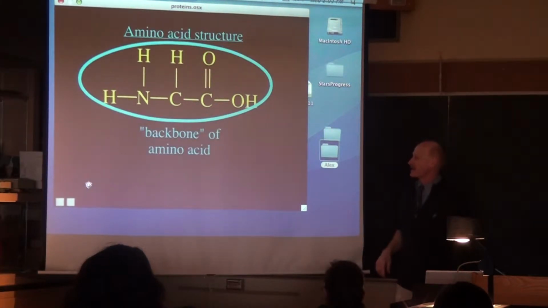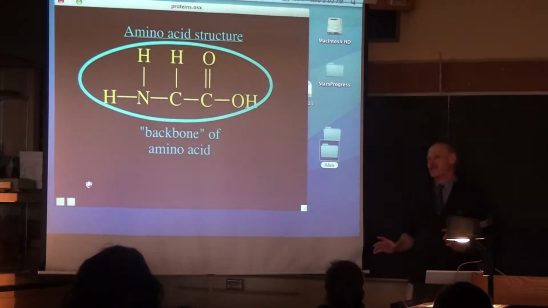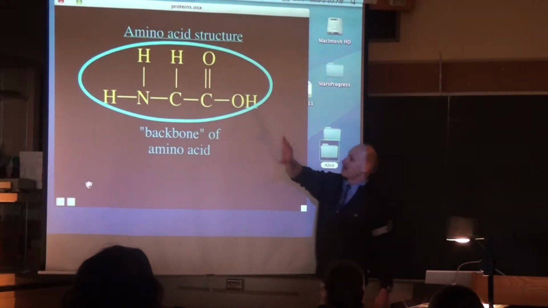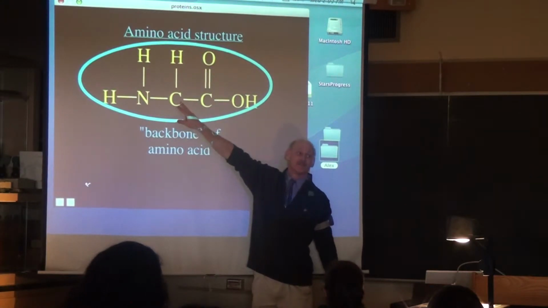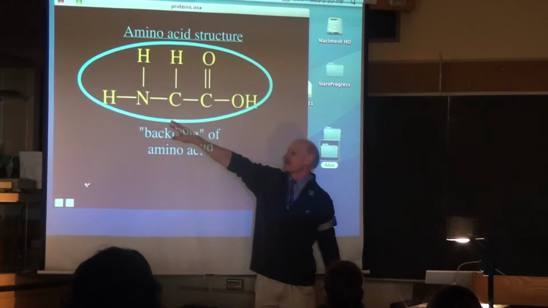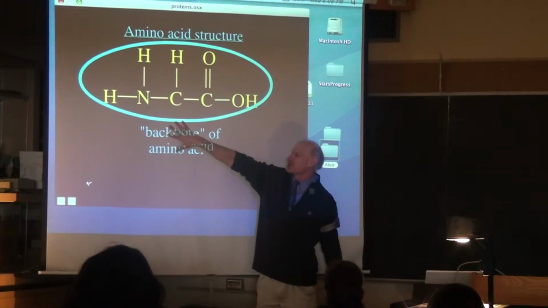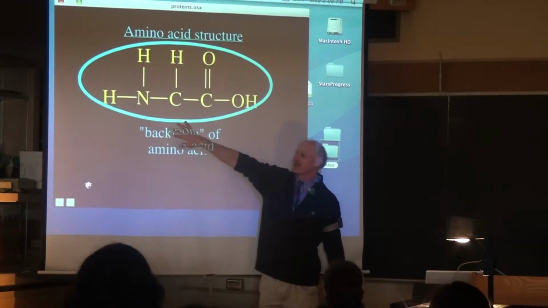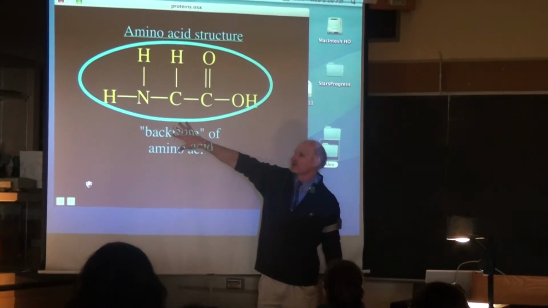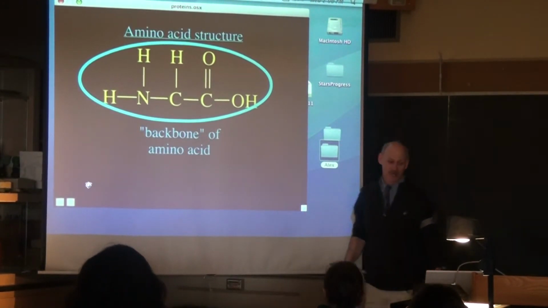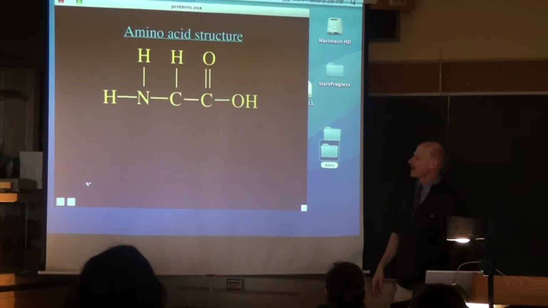They've all got that. How do they differ? Well, here's how they differ. In all amino acids, there's another group of atoms attached to the bottom side of the central carbon. They call that the side chain, or the R group of the amino acid, and that's the part that's different. There are 20 different R groups, which is why there are 20 different amino acids.